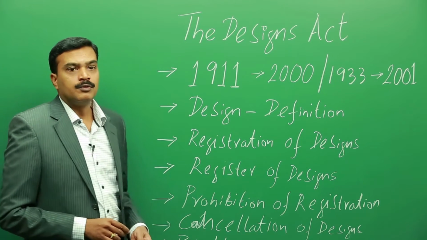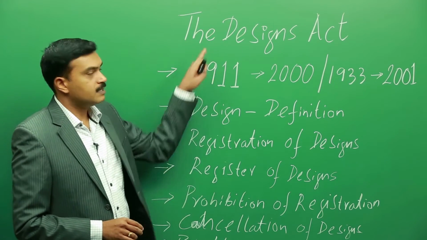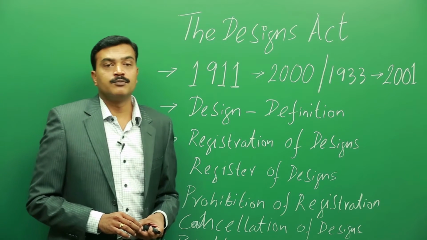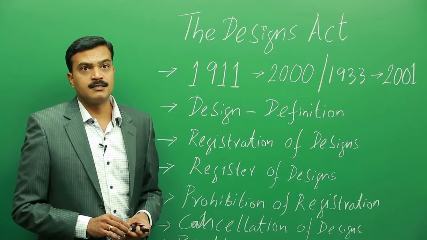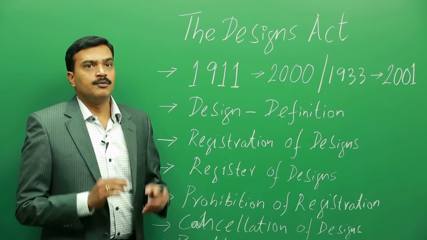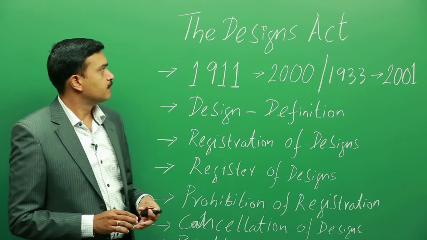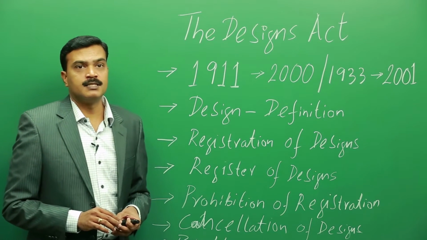Now, coming to the definition of design, when you look at the Designs Act, it is concerned with the protection of the various designs which have been applied by the persons. And you have to know what you mean by design when it is defined under the Designs Act.